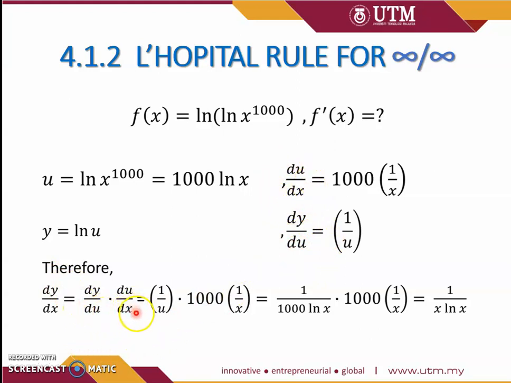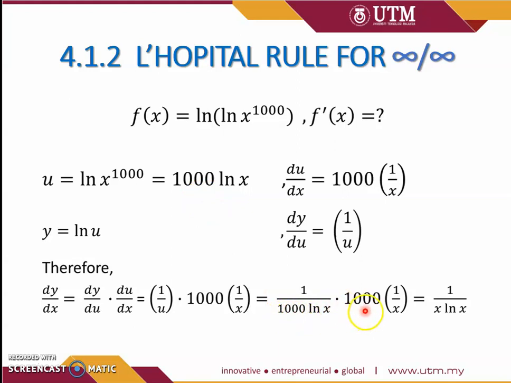How do we check whether this is correct or not? If we cancel out the du, we will get back the dy/dx. Next, dy/du is 1 over u, and du/dx is 1000 times 1 over x. This u we just substitute back, so it is 1000 ln x.